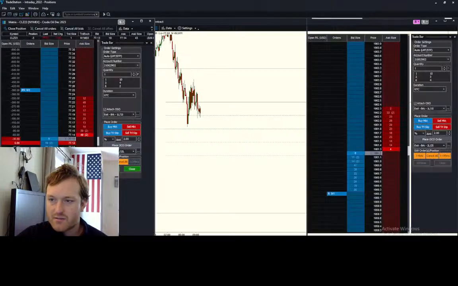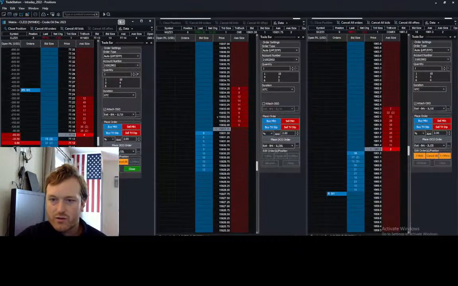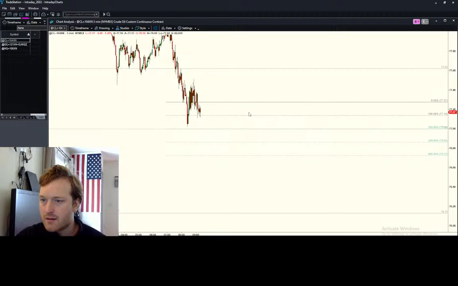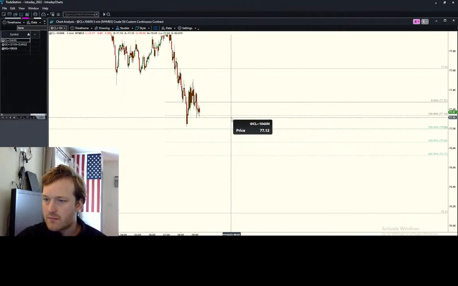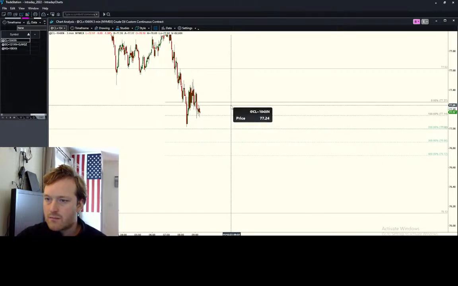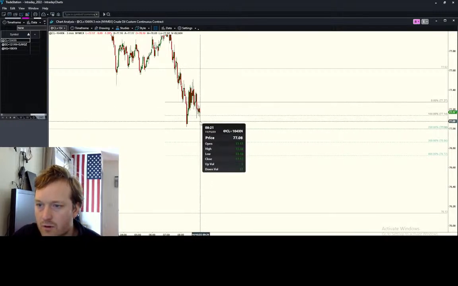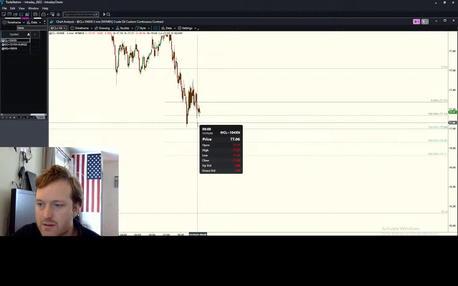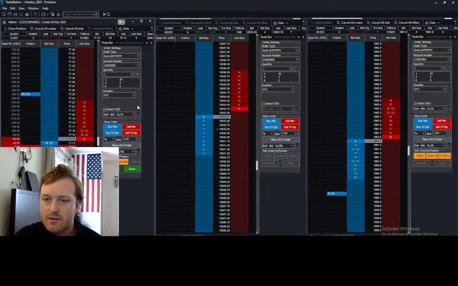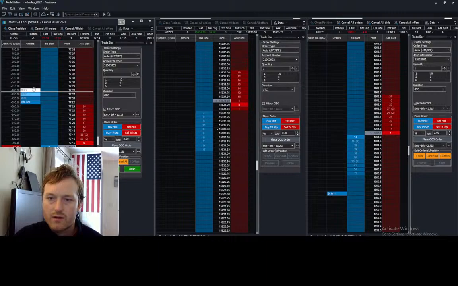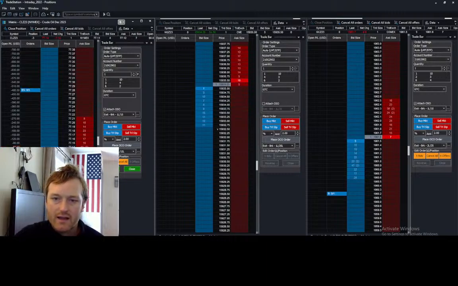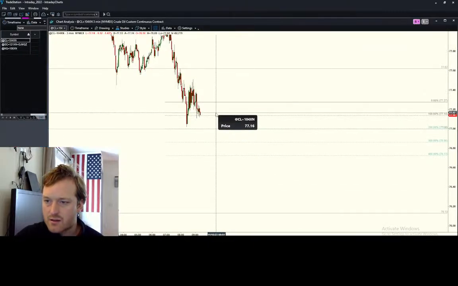Where's my entry price? 77.14? No, 77.12 is my entry price. Which makes sense. I'm gonna do full as my risk. 77.28 is my risk. That's 480 is my stop loss.